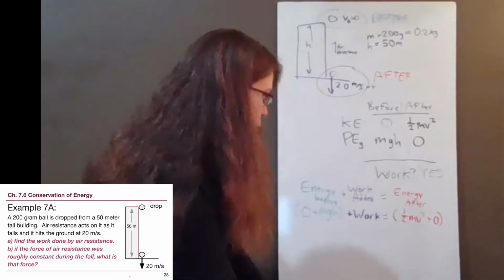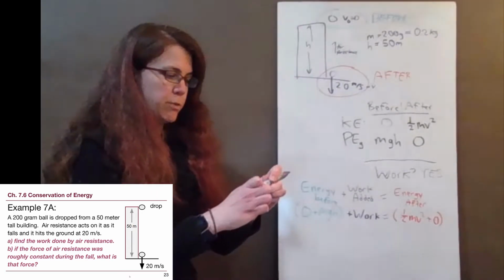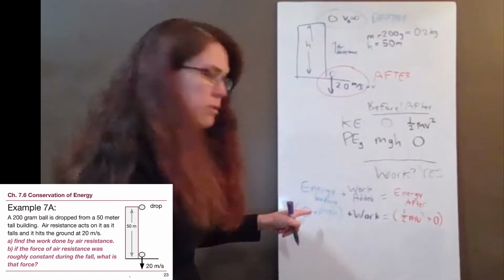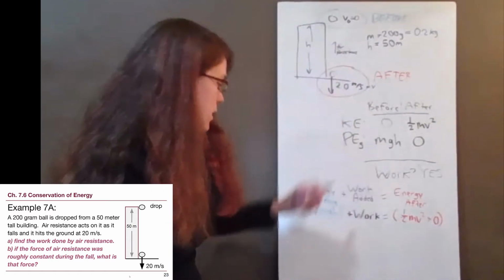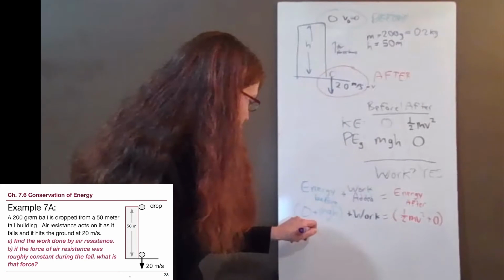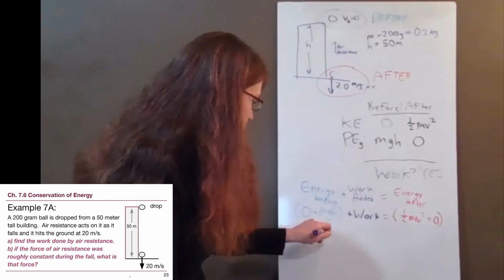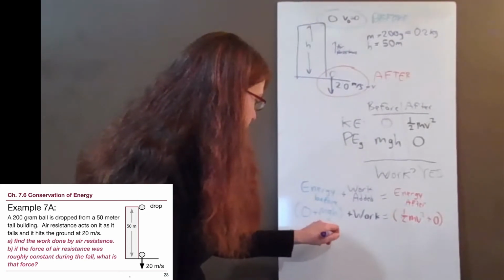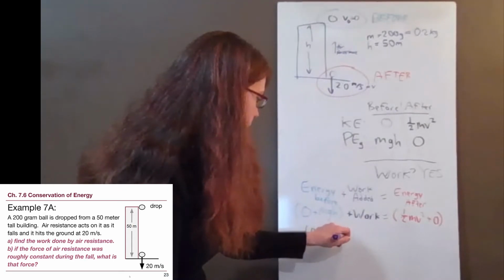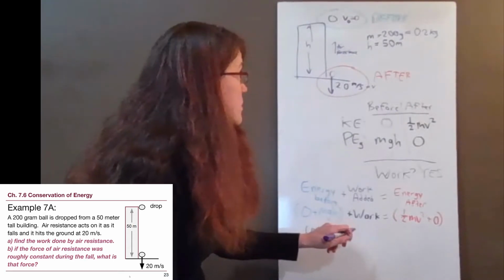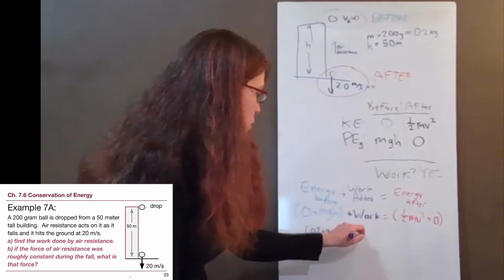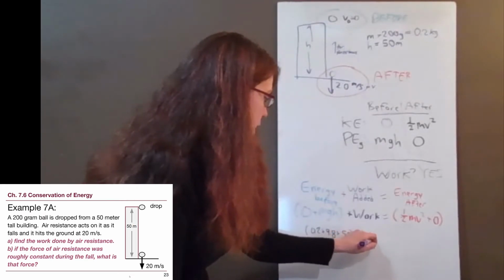So I'm just going to start to use purple for the rest of this. So 0, we can ignore. The mass here is 0.2 times 9.8 times 50 plus work, because that's the thing that we're trying to find.